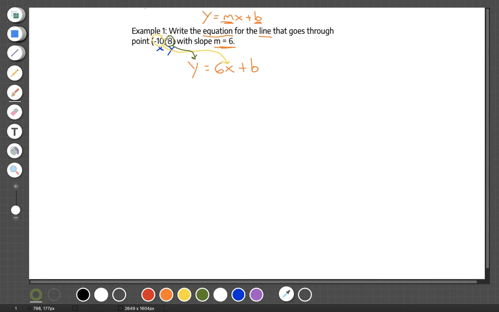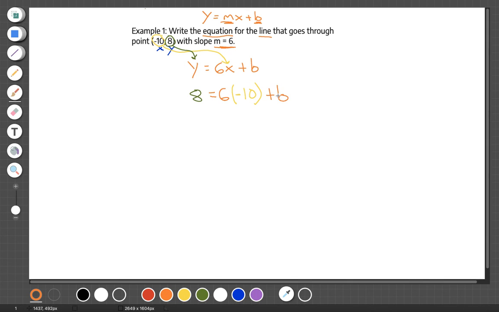So literally that y is now becoming 8. I'm going to keep this equals 6. Now that -10 is becoming my x, I'm going to use my parentheses like I always do because I'm plugging it in. I want to make sure I keep that multiplication there. And the thing I don't know still is that plus b.